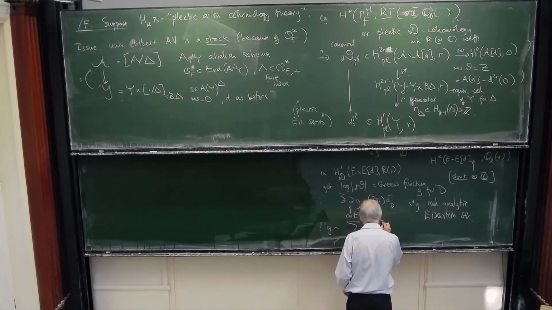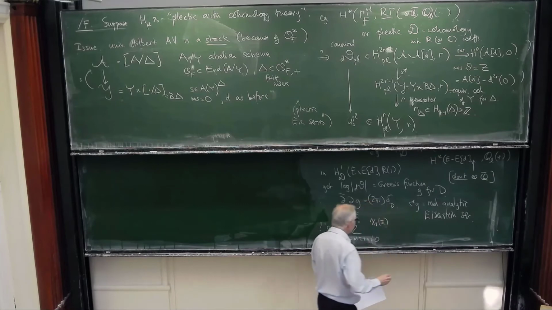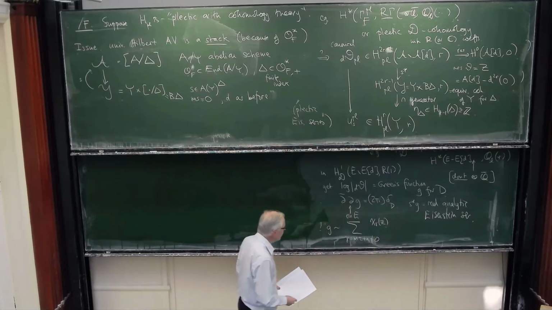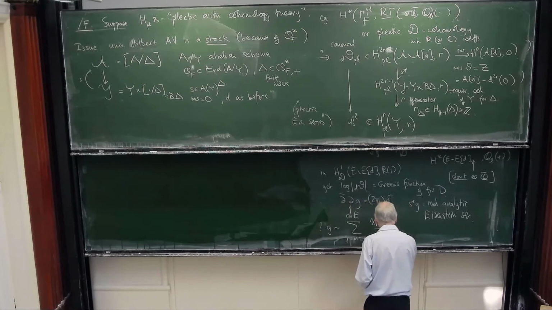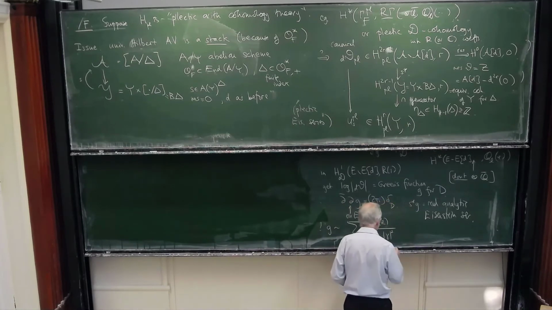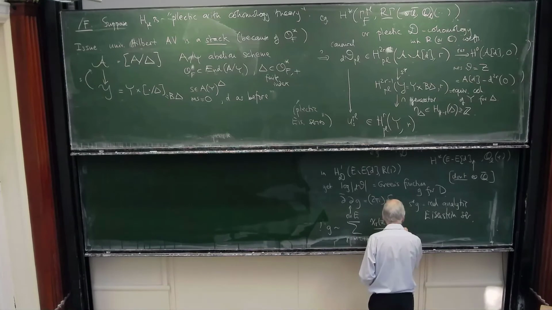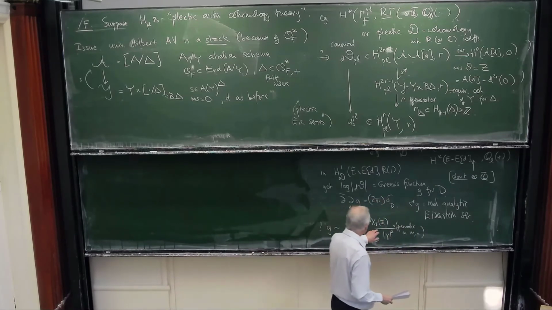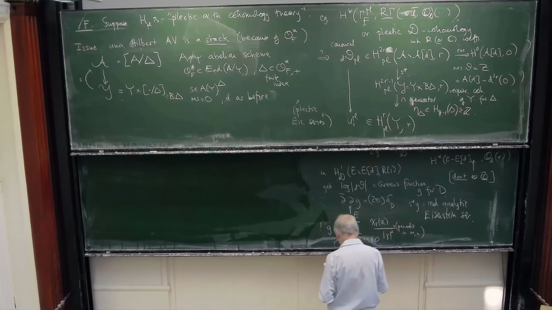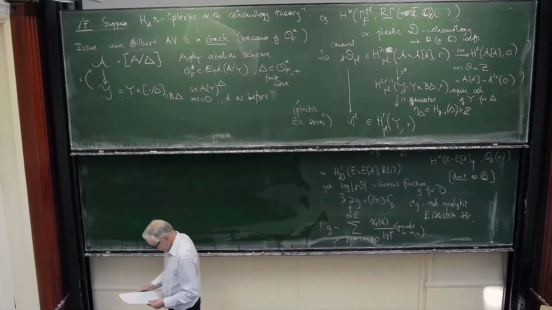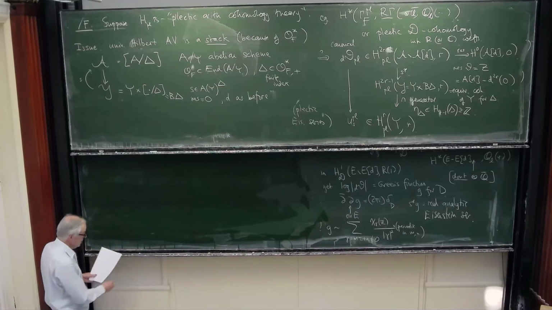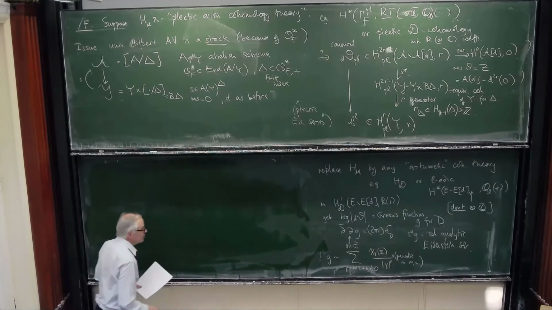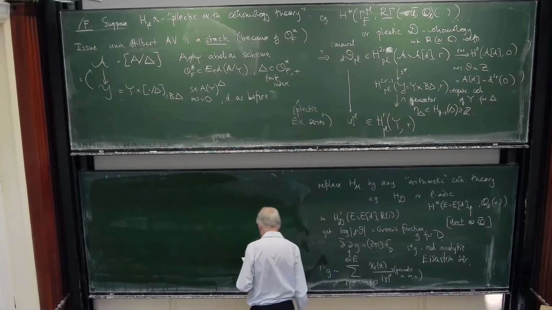There are some characters, and the Fourier coefficient is essentially 1 over mod gamma squared, times a periodic function of m and n. It's pretty easy to check this differential equation.